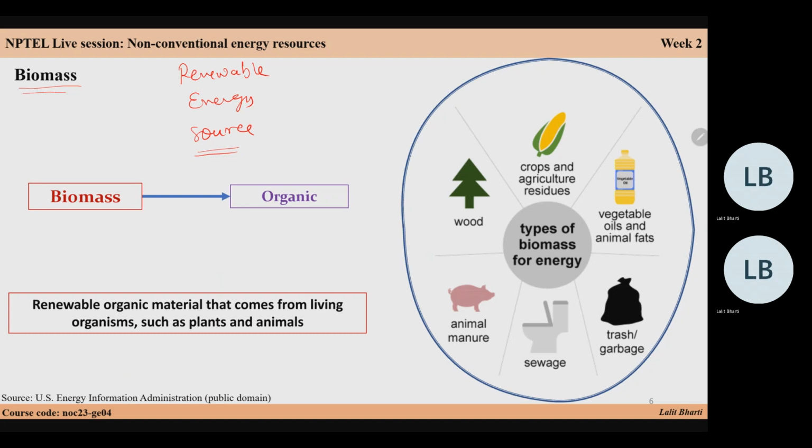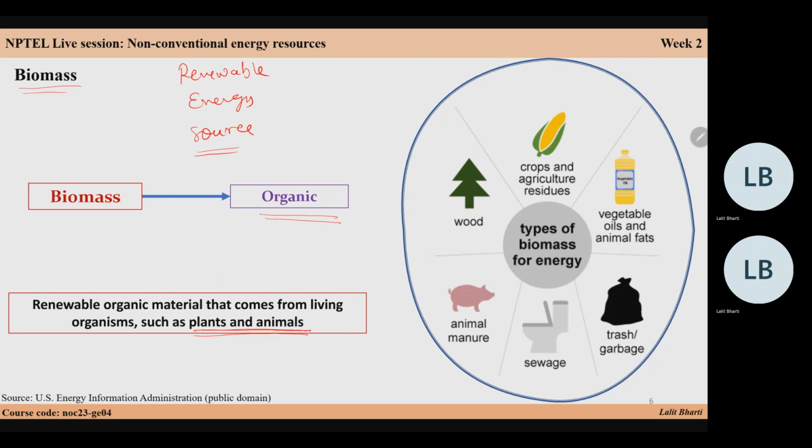Biomass is basically organic material, whatever organic things we see in the environment, which comes from living organisms like plants and animals.